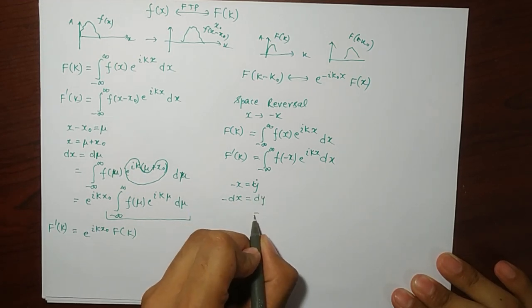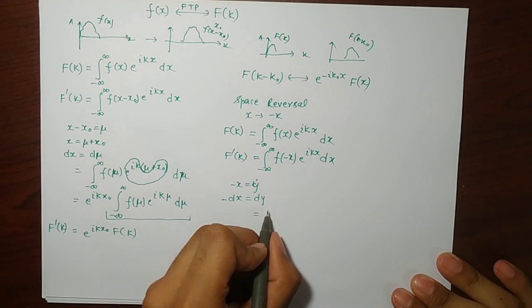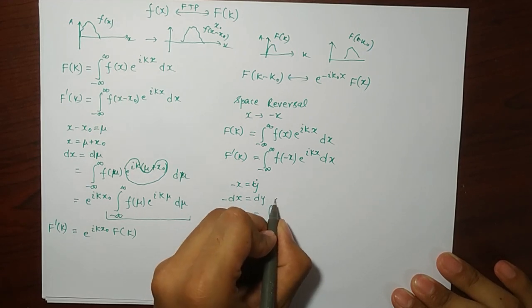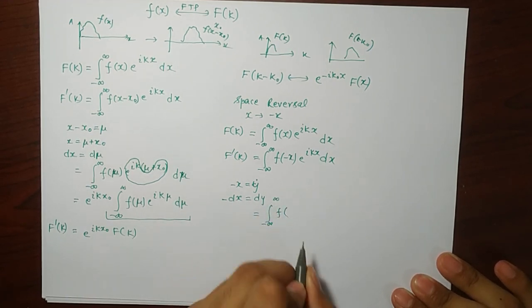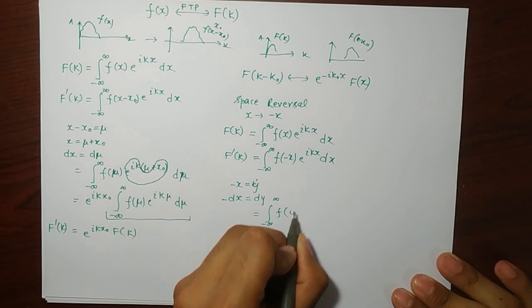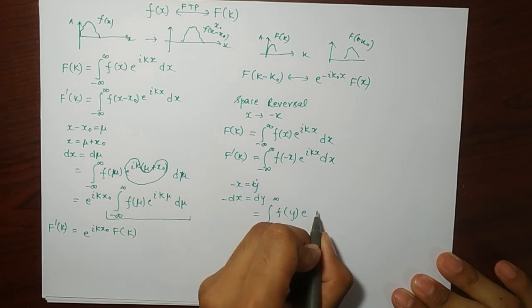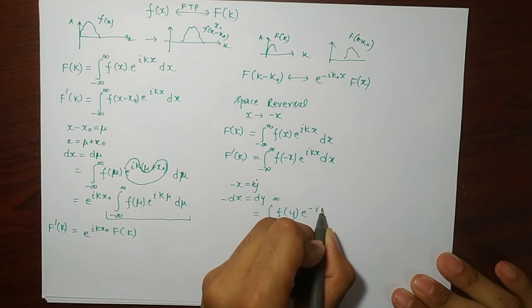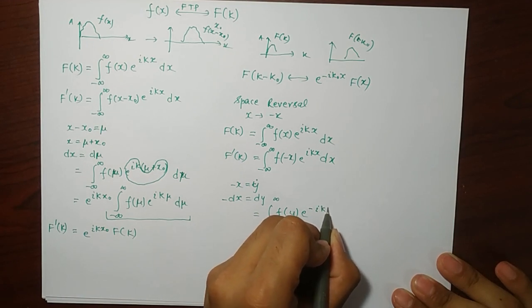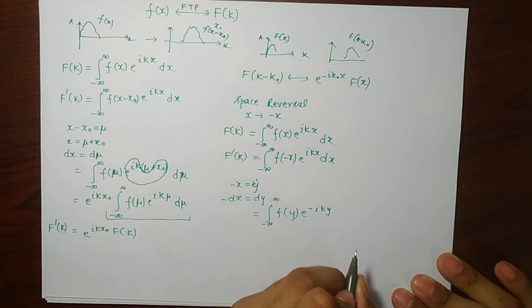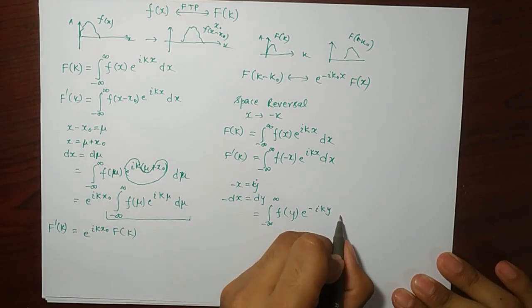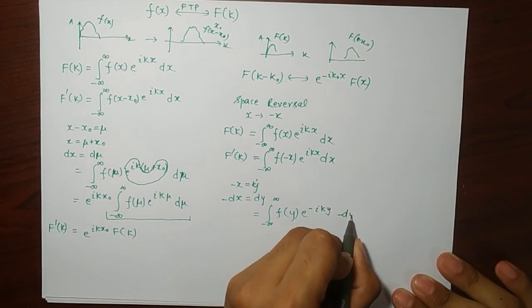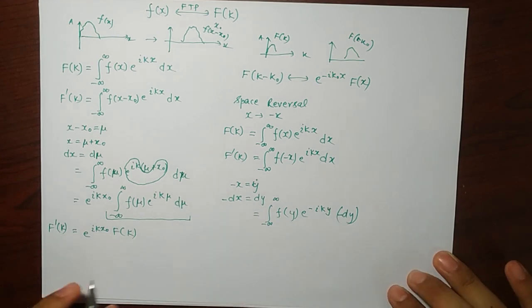Fine. So now I'm replacing this, and this will go to e to the power minus i k y, and this would be minus dy.